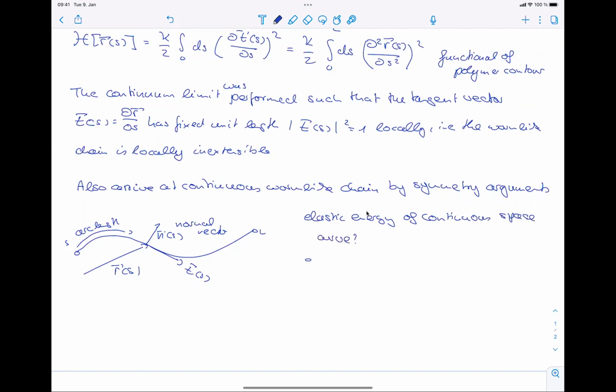From the concept of symmetry arguments, it needs to be invariant over rotations of this entire curve. So that tells us that it can't depend on linear gradients of this curve, and it also needs to be translational invariant.